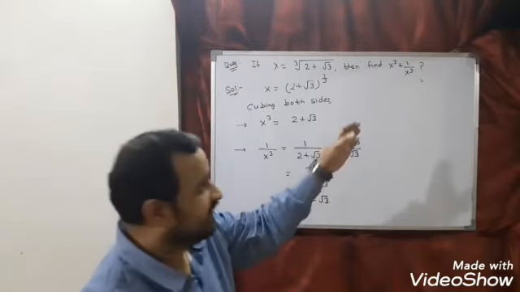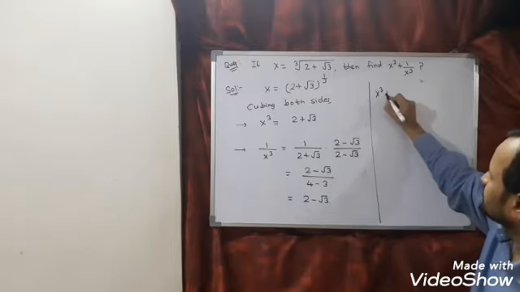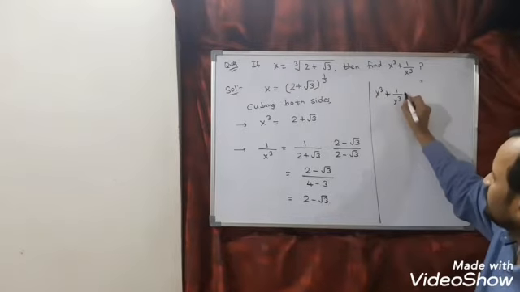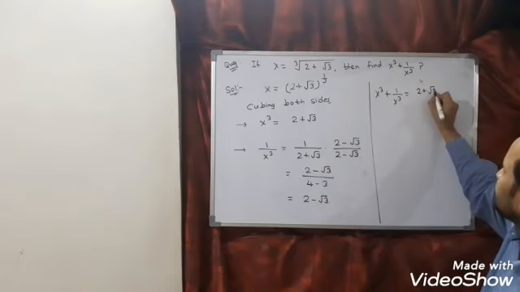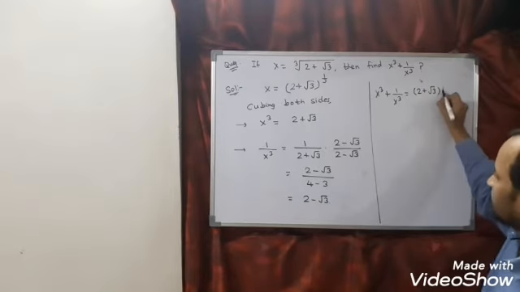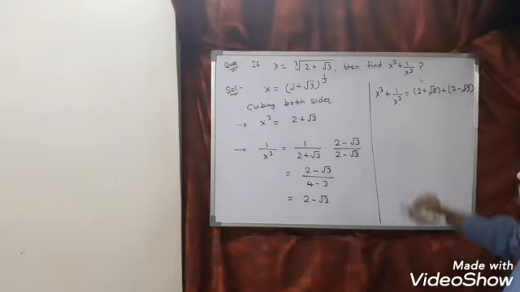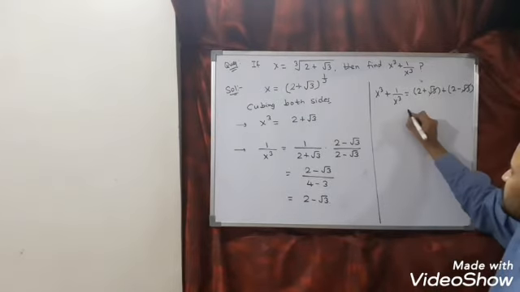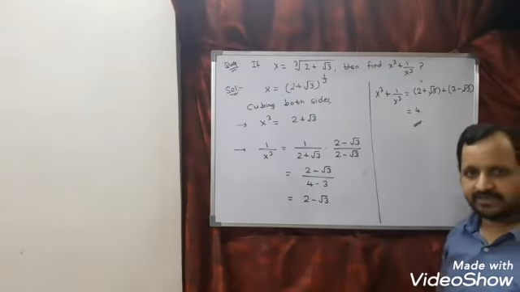But the question is to find x cube plus 1 by x cube. What is x cube? 2 plus root 3, plus what is 1 by x cube? 2 minus root 3. You can see root 3 cancels, 2 plus 2, so the answer of this question is 4. I think it is clear.